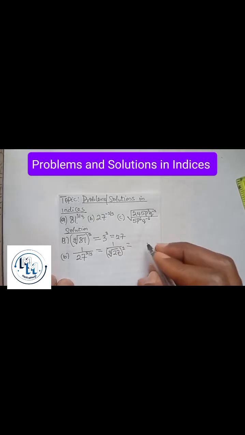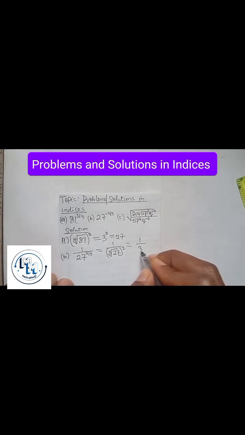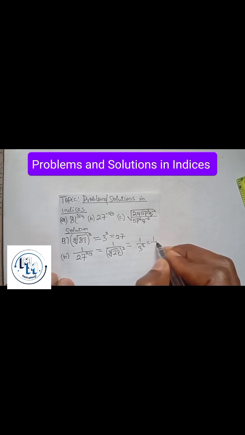This is the power, this is the root, 3. Now, what in the bracket simply means what can be raised to power 3 to give 27, and that is 3. So I have 3. The power is still there. Is that okay? So this is equal to 1 over 3 power 2, which is 9.